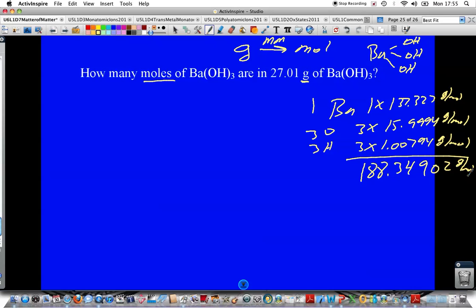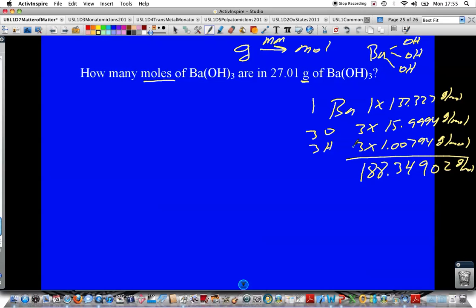Now, when we calculate molar mass, the 1 and the 3 and this 3 right here, those are exact numbers. So it's the same thing as adding those molar masses together, so we follow the rules for addition when we do significant figures. When we add and subtract, the rules for sig figs say that you go with the least number of decimal places to the right of the decimal point.